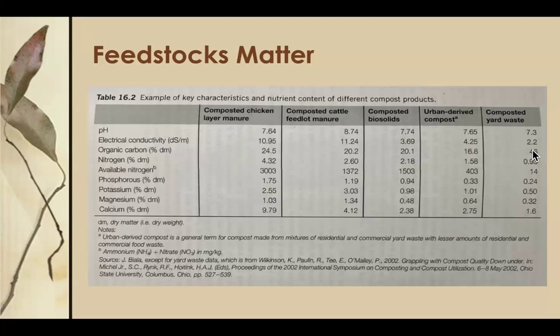Yeah, there we go: organic carbon 46 versus everything else like 24 or 16. So you can take a look at the chart and see the different characteristics that come out of these different ingredients. It really does matter what kind of ingredients you use when it comes to your finished product.